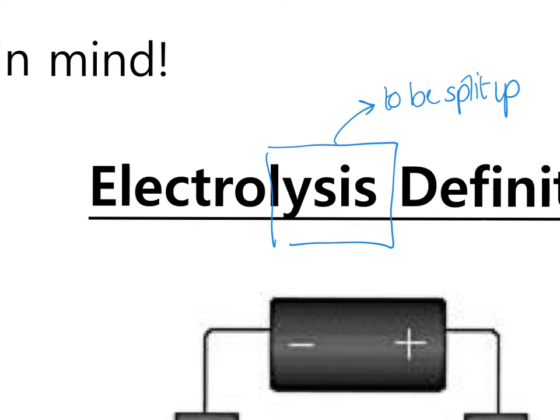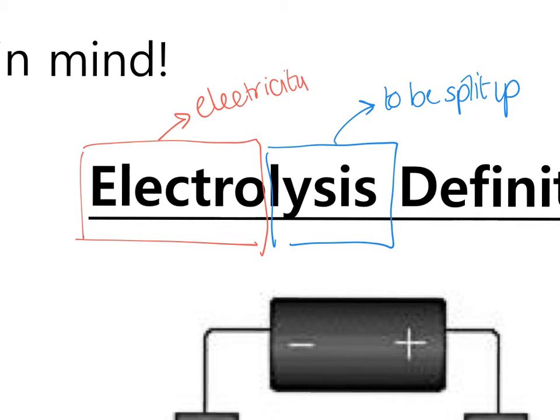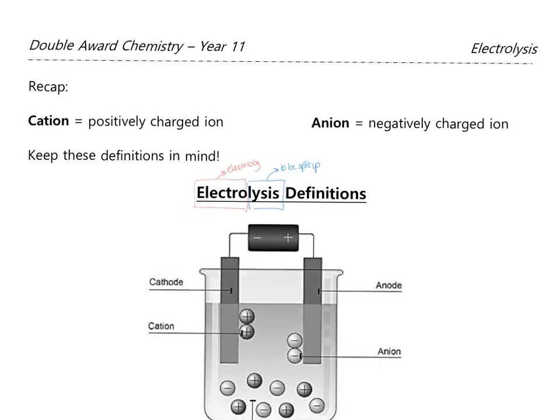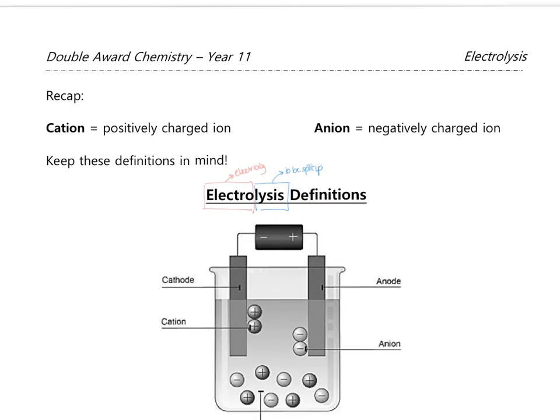The word electro then refers to electricity. So literally the word electrolysis means splitting up something using electricity. And that's exactly what we're doing. We're taking an ionic compound and splitting it up into the elements that make it up, and we're doing that using electricity.